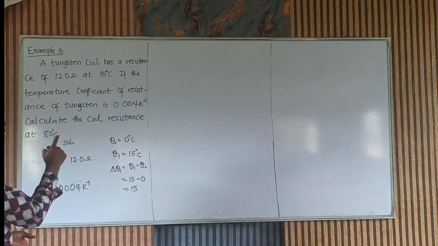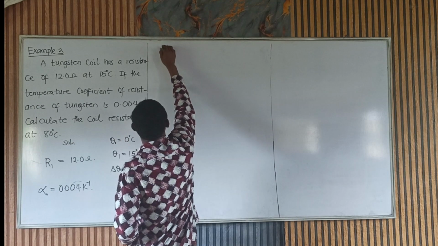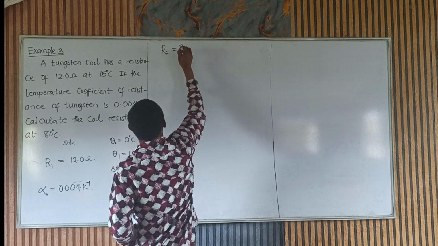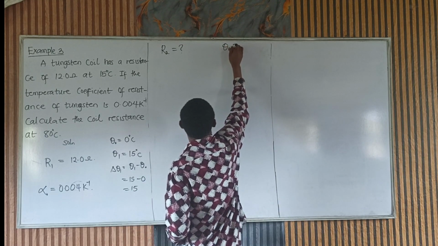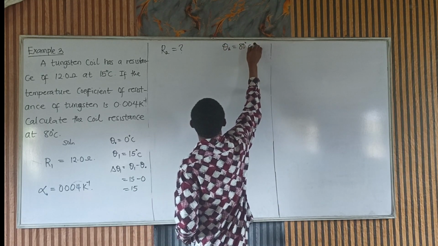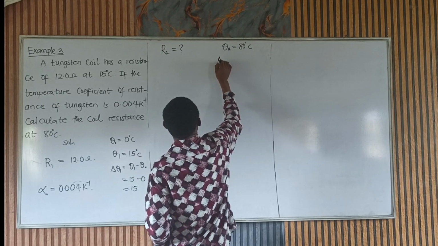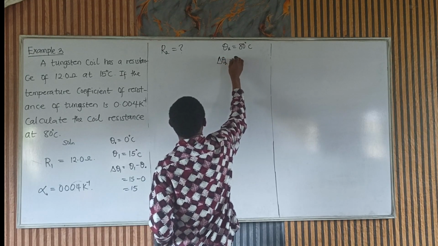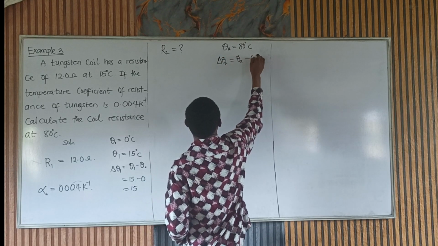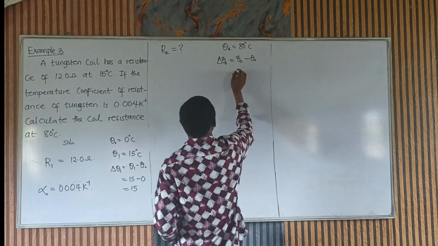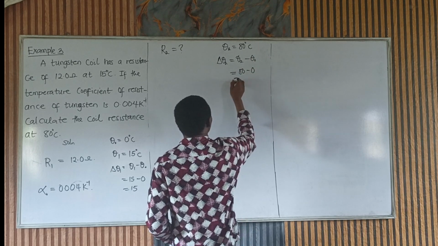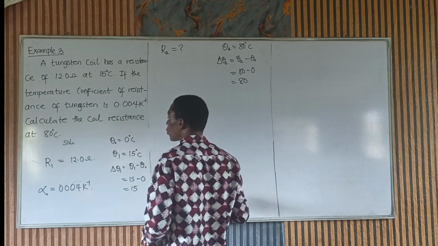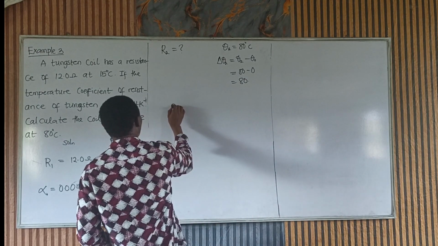And now we have to calculate the resistance, that's my R2, at what temperature? 80 degrees C. That's what we call theta 2, 80 degrees C. So I'm going to say change in theta 2 will be theta 2 minus 0 degree, theta naught also. And that will be 80 minus 0. And that's 80.